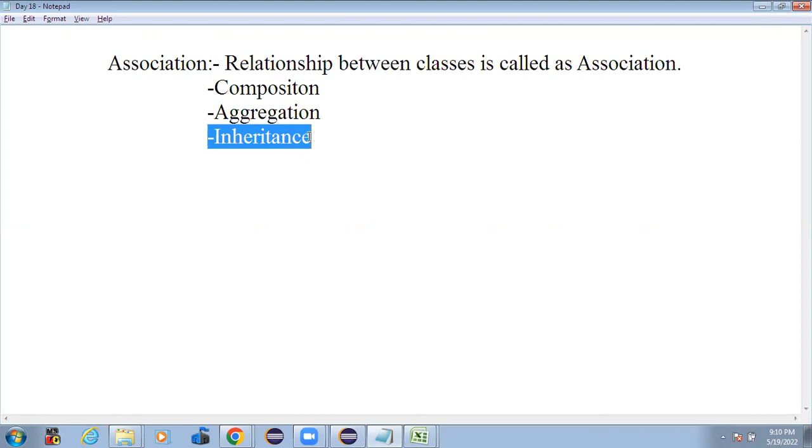So for example, if I consider a class as a customer, which is related to the bank, and there is another class, account.